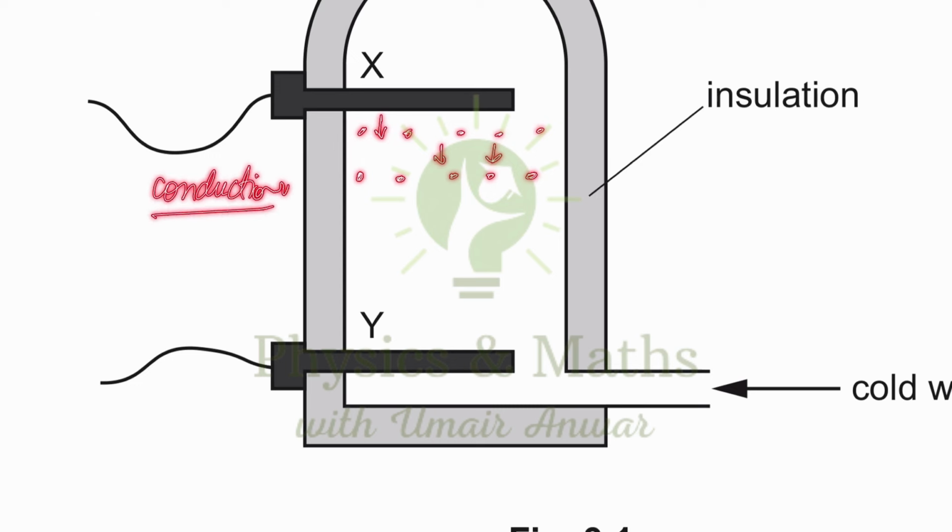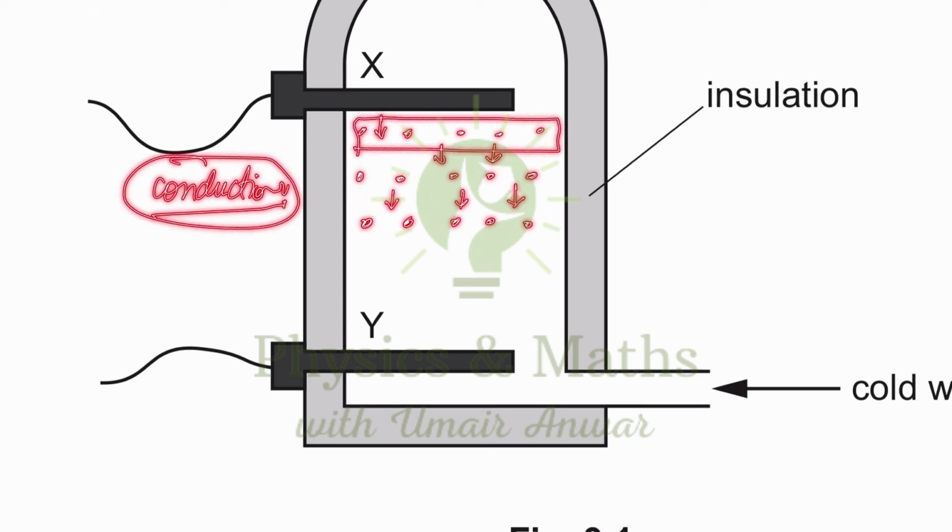When they collide with their neighboring particles, they transfer this energy to them. And this process is called conduction, where particles or the molecules do not change their position, they pass on their energy to the neighboring particles by colliding with them.